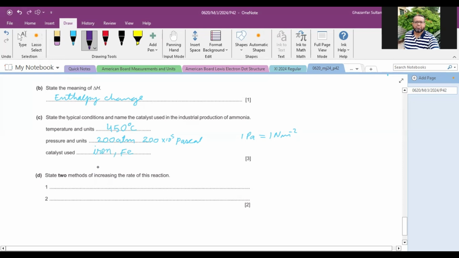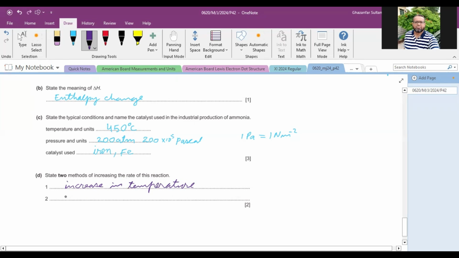Remember that whenever we increase the temperature, although the equilibrium shift can depend on the type of reaction, whether it is exothermic or endothermic, the rate of reaction always increases when temperature increases. So there should be one: increase in temperature. An increase in temperature always increases the rate of reaction because more molecules would have energy equal to or greater than the energy of activation.